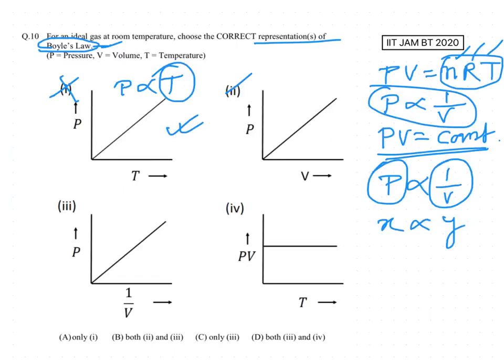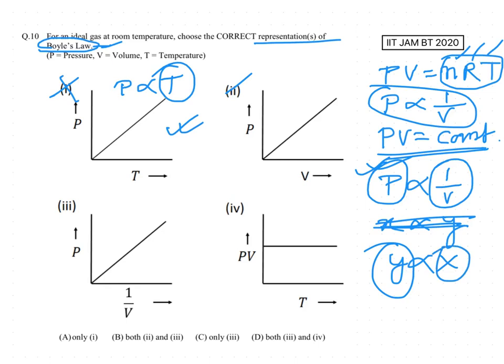Now here, if I write y proportional to x, because P is along the y axis, here y is P and x is 1 by V, as in this graph.